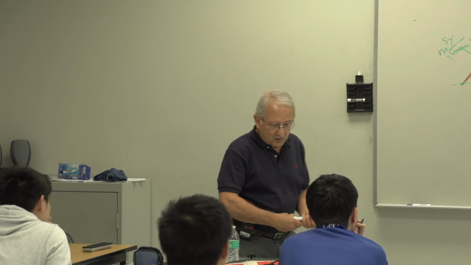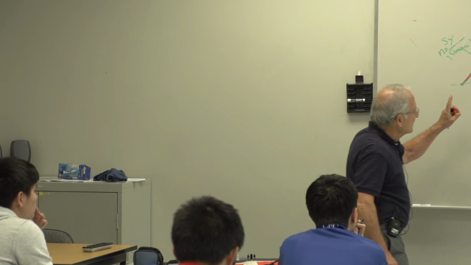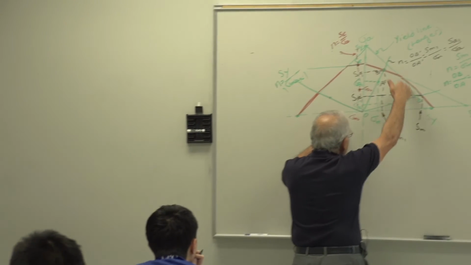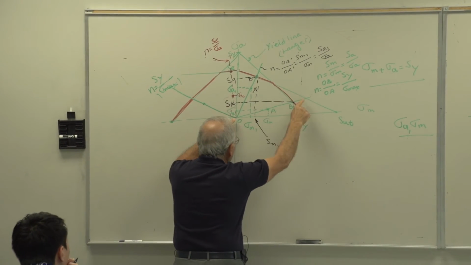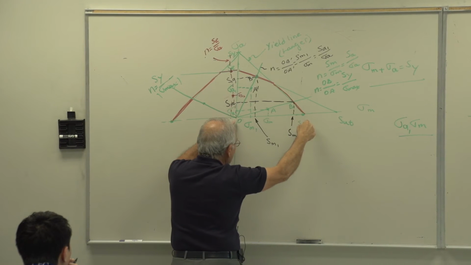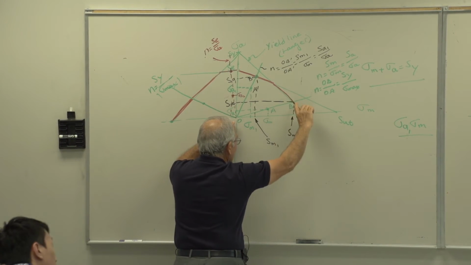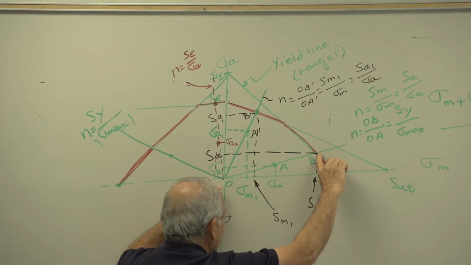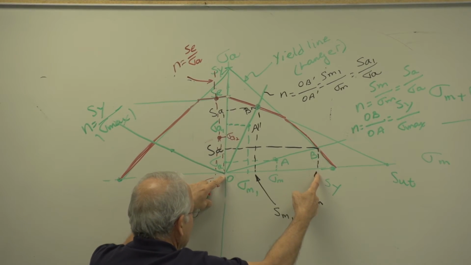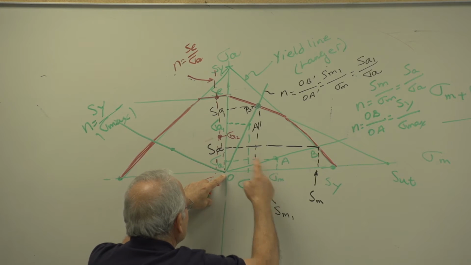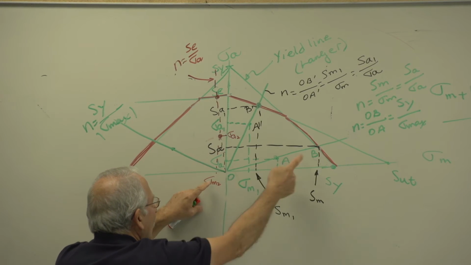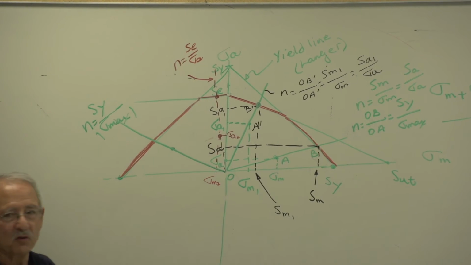So what we do is this. Draw our strength line, draw our load line, write an equation for that, write an equation for that, solve the 2 equations together, find the coordinates of this point. Then the factor of safety is that divided by that, or that divided by that, or OB divided by OA, however you want to calculate it.